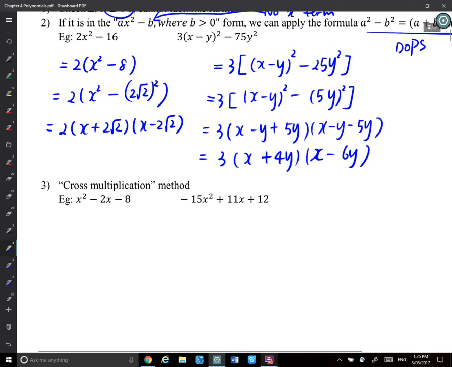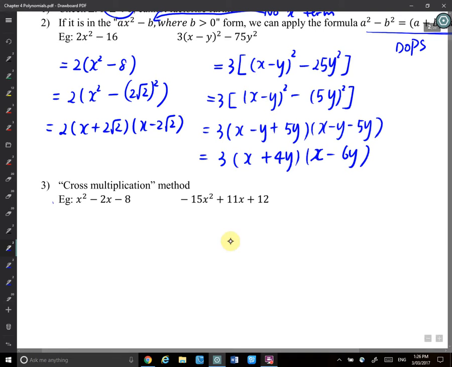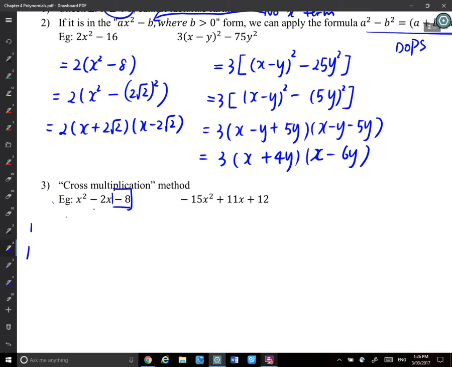And for some quadratics, it's really easy to use the cross multiplication way, to see it and factorize it. So for example, in this one, I can have negative 8 and 1. I want to make a negative 2x. So I will have 1 and 1, which are the coefficients for the x squared. And negative 8 can become negative 2 and 4, or negative 4 and 2.